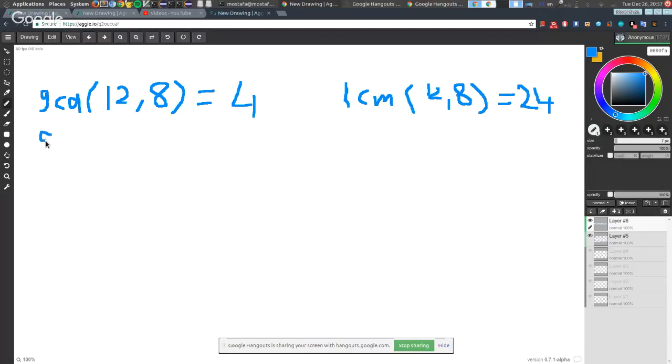Let's say, for example, now 15 and 21. Here the common divisor is 3.